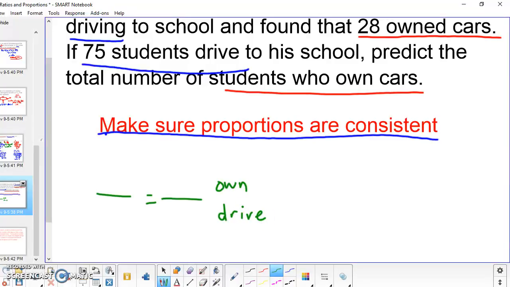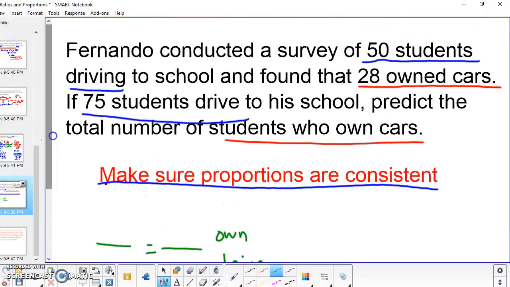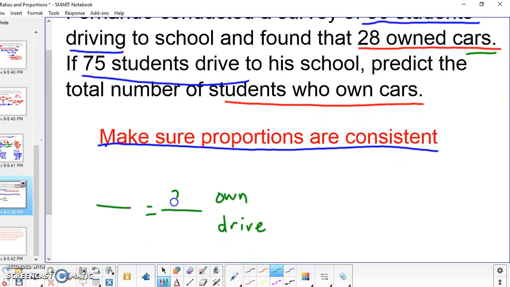So we know that we had 28 who owned cars out of the 50 students who drove. So 28 owned cars and 50 drove. And then if 75 drive, how many of those 75 own cars?